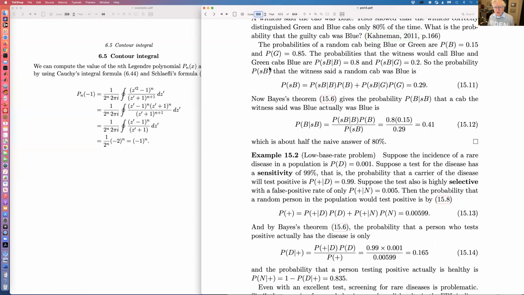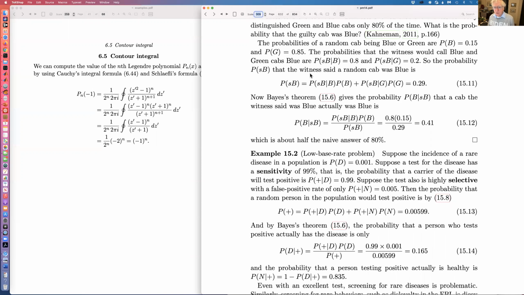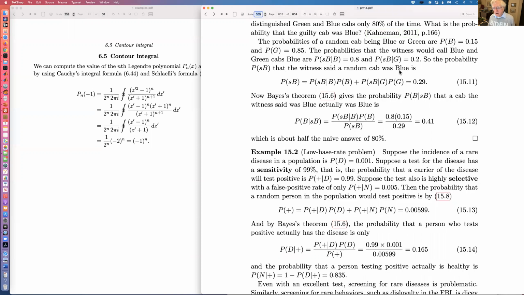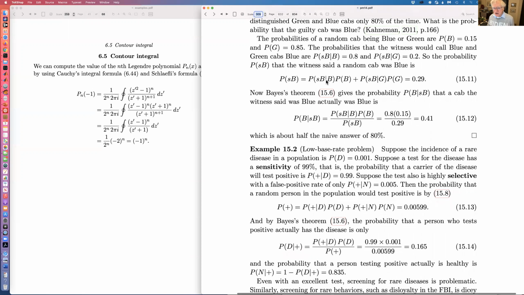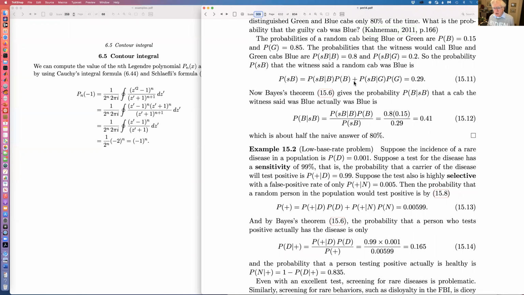So the probability SB that a witness said a cab was blue, probability said blue, is probability blue times probability he said it was blue, and then probability said blue given green, probability of green.